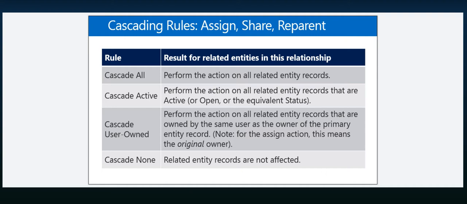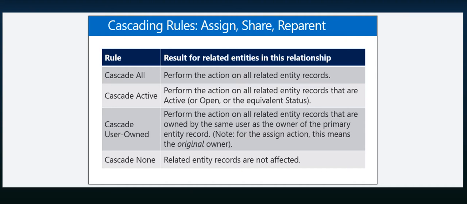So anything that's active. Cascade User Owned means that you're only cascading items that are owned by the same user as the owner of the primary entity or the primary record. So if you have a case that's owned by me and I own a couple of tasks, and I have other tasks assigned to other people, and I assign the case to somebody else, then the tasks that I owned will get reassigned to the new case owner, but all the tasks that were assigned to other groups or teams will remain assigned to the people to whom they were assigned.